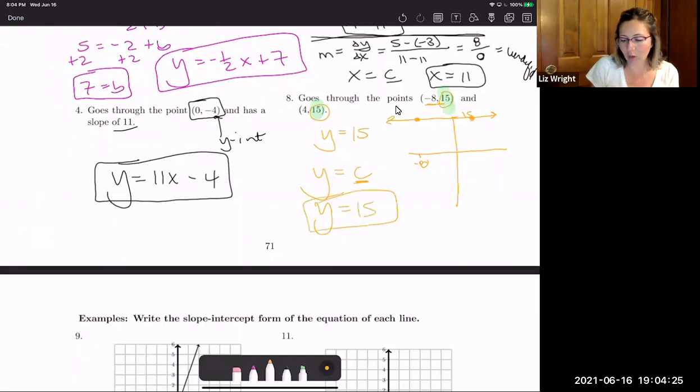Or you can look at your graph and say, no matter where I put my pencil, even here at the y-intercept, what would my y-intercept be? 0, 15. What would this point over here be? I don't know, some negative x value, but the y would be 15. So 100% of the time, the y values are 15, which is why it's y equals 15.